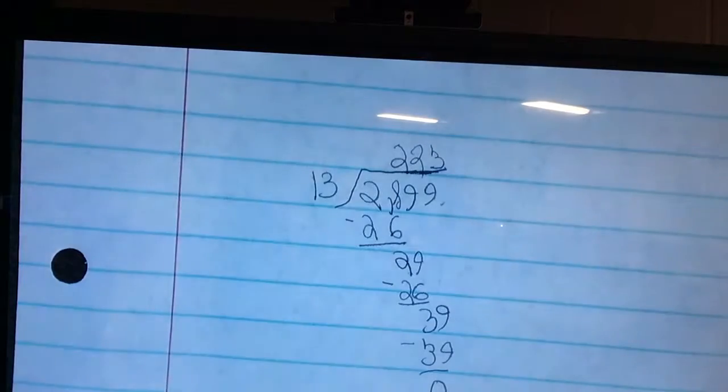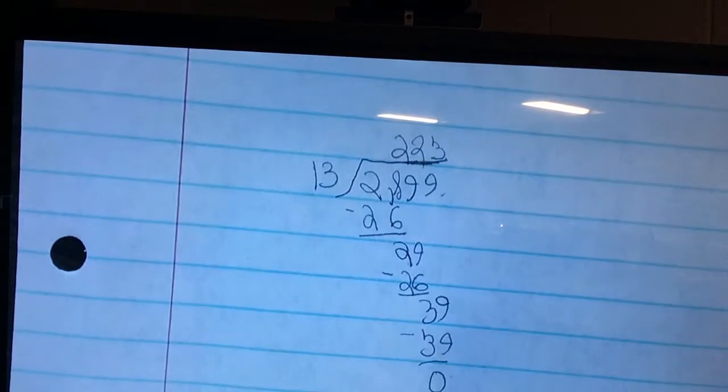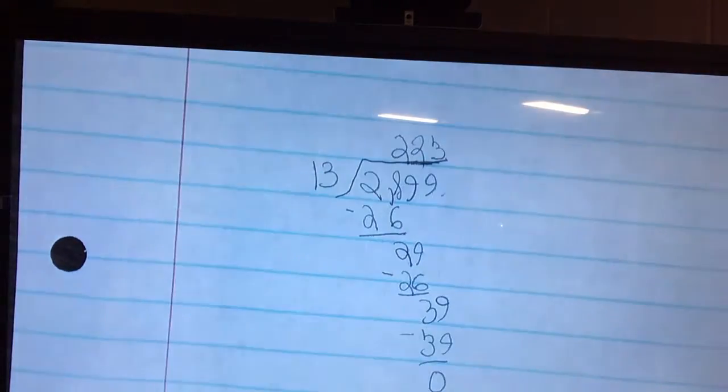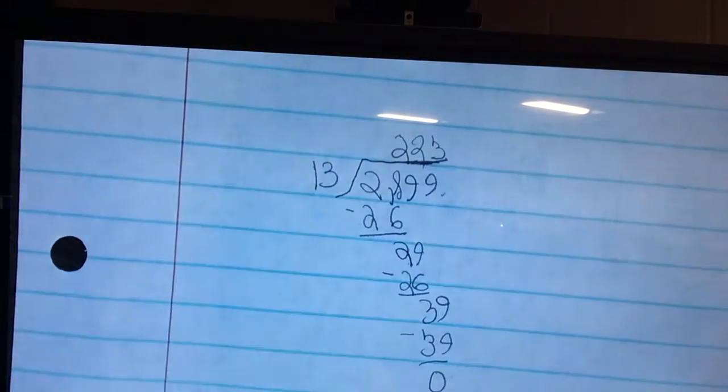One thing I do want to point out to my students with this is I noticed that our remainder was 0 this time, and with our first problem that we did, we also had a remainder of 0. If it turns out that you have a remainder, we've already talked about the 3 types of remainders that we can have, such as the fraction, the decimal, or the R remainder.